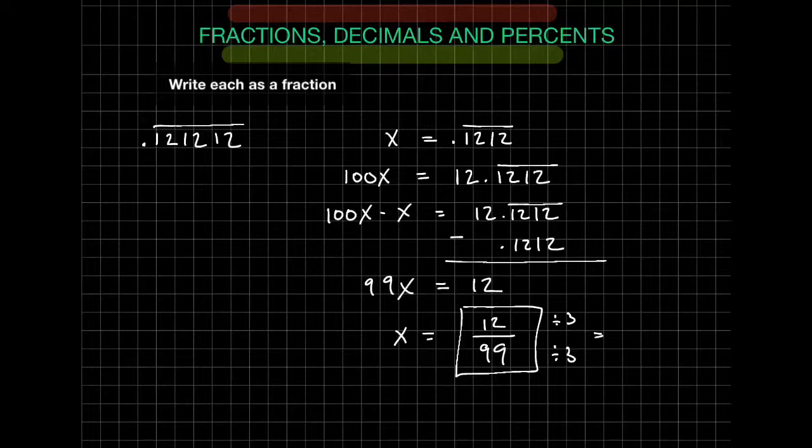So we're going to say that this equals 4 over 33. Okay, so there's the reasoning behind that. Just when you get your repeating decimals, just tack the 9s, however many 9s you need underneath it, and reduce. And that's your shortcut for writing repeating decimals as a fraction.